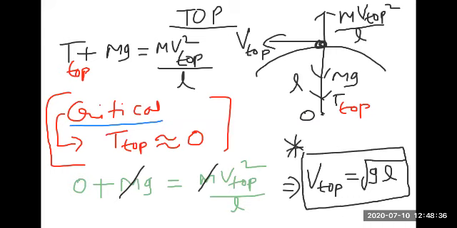This is our first step. So velocity at top is root gL.